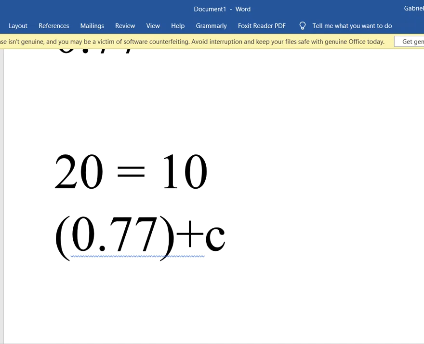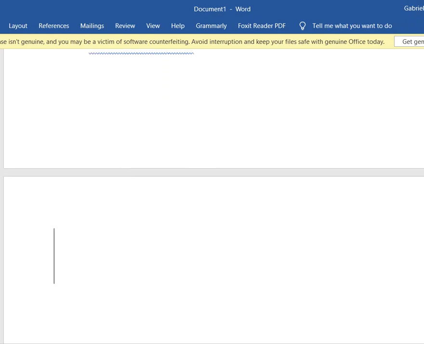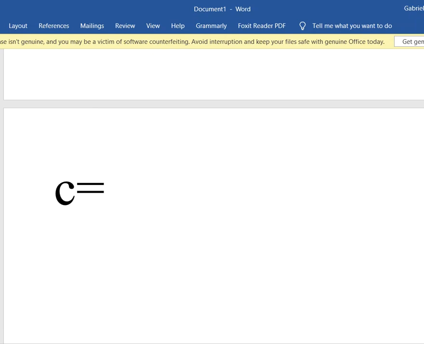When we solve this as well, we're going to have c is equal to 20 minus 7.7, and finally we can have c to be equal to 12.13. So that is c, 12.13, and we have m to be 0.77.